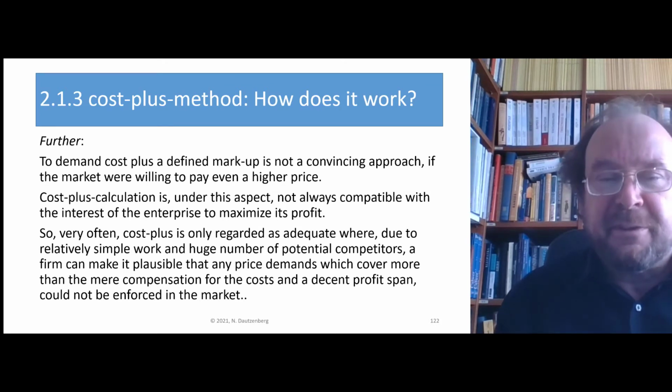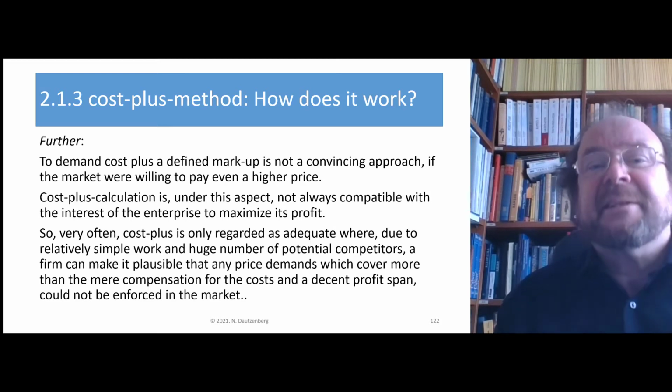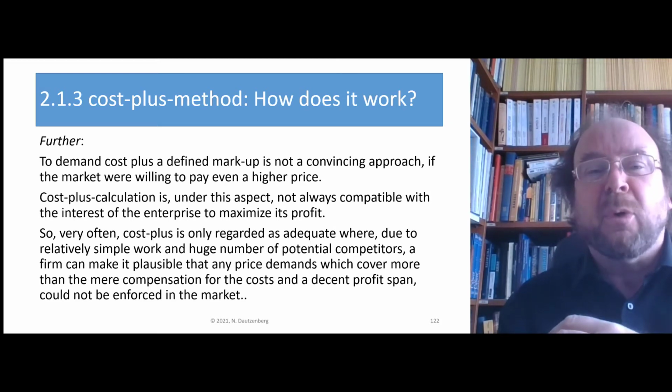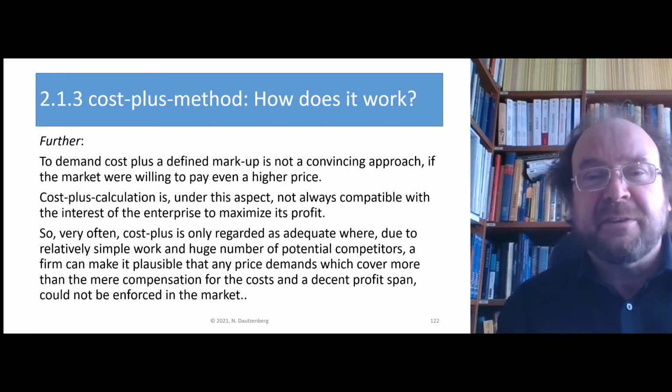So very often the cost plus method is only regarded as adequate where you have so many competitors that if you claim more than that minimum price plus the minimum profit which you need to survive in your sector, then your customer goes away and gives orders to your competitors.